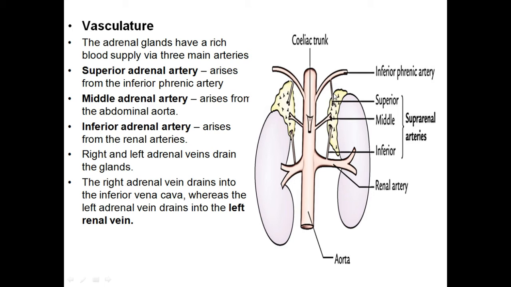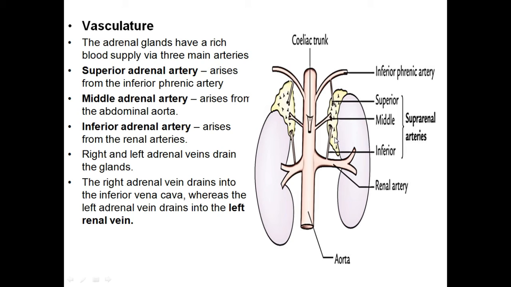The superior suprarenal artery is the branch that arises from the inferior phrenic artery. The middle arises directly from the abdominal aorta, while the inferior suprarenal artery arises as an ascending branch from the right and the left renal artery. So it receives blood from three distinct sources.